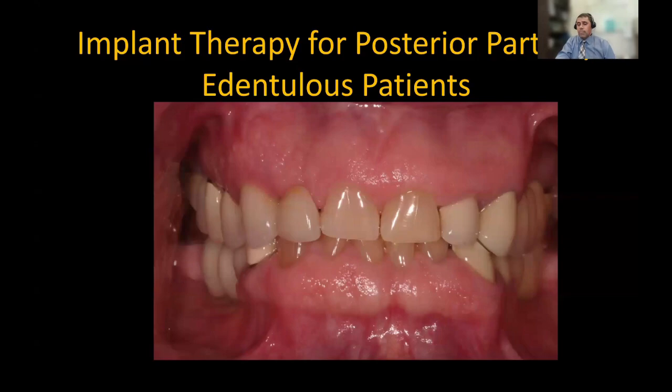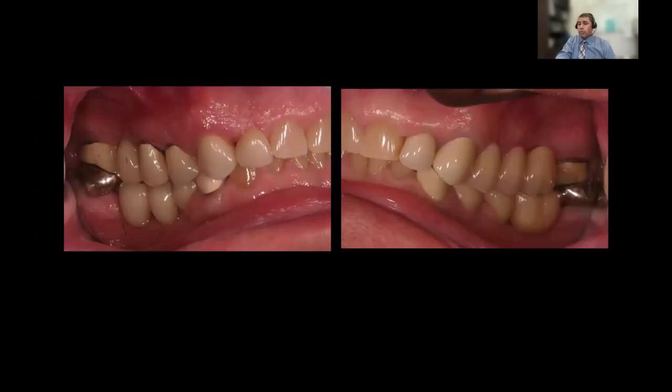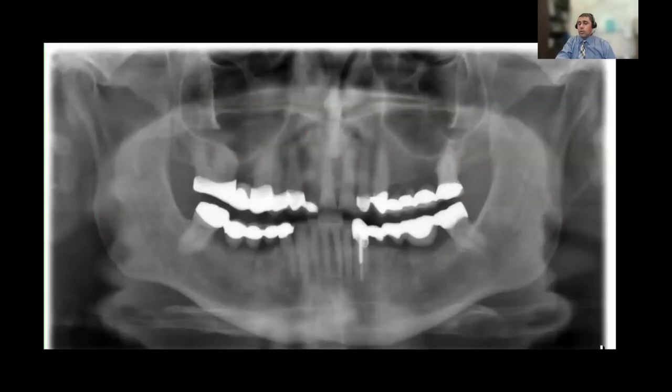So here is an example. This is a patient that we did a full mouth reconstruction for. He had long span FPDs that were functioning for about 15 years and started to break down, and he would like to consider just rehabilitation with short spans. So we decided to place dental implants in the posterior mandibular segment and the maxillary right segment.